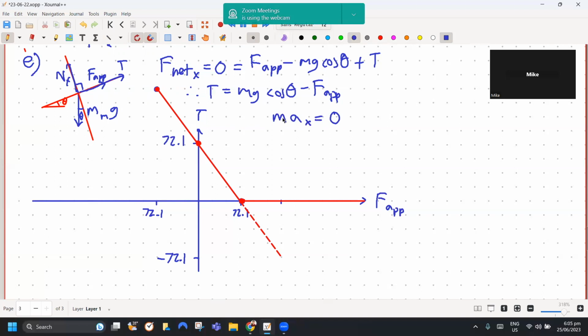Teka, hindi mo pwedeng i-assume na 0 yan. Ang alam nating 0 ay yung tension. Okay. Ano ang forces? Teka, yung F applied hindi 0. Greater than 72.1. And then 0, yung tension. So equals F net.